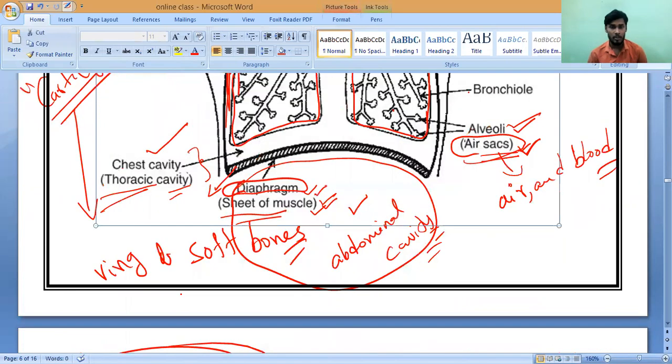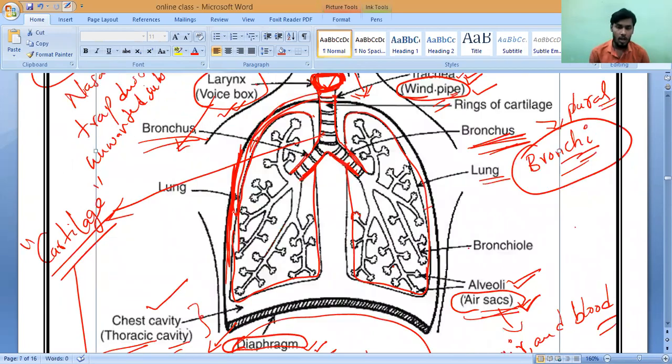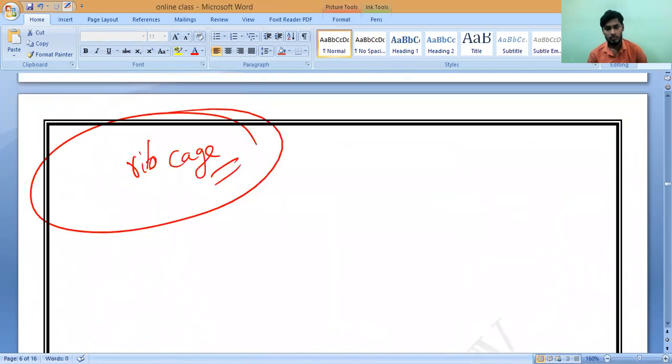That is the most important. You have already studied, correct? This membrane is like a protection for the lungs. What is that called? Any idea? Do you know or don't know? Respond at least.